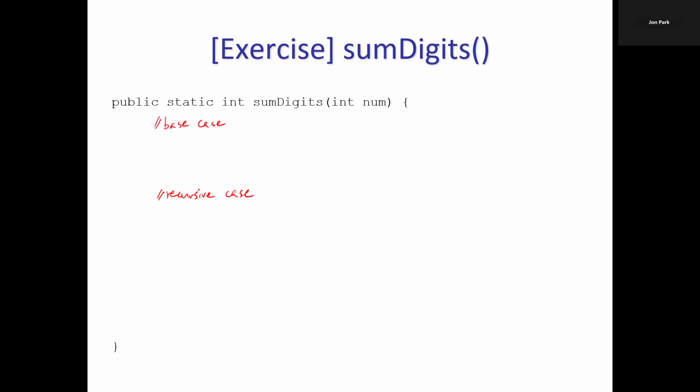So if num is 0, return 0. And then the recursive case: return the sum of the remaining digits.